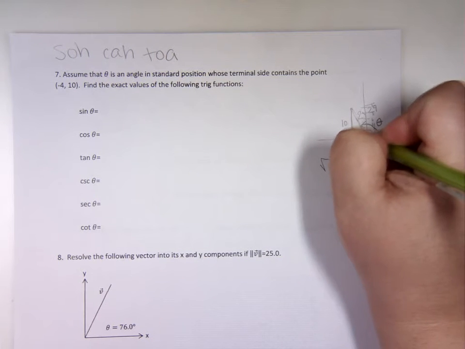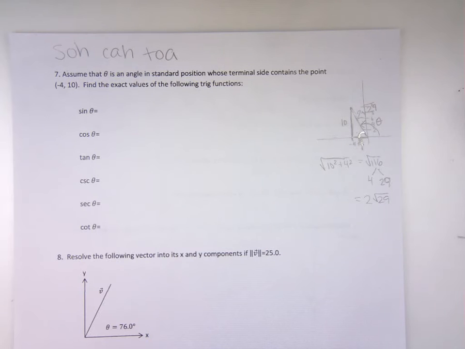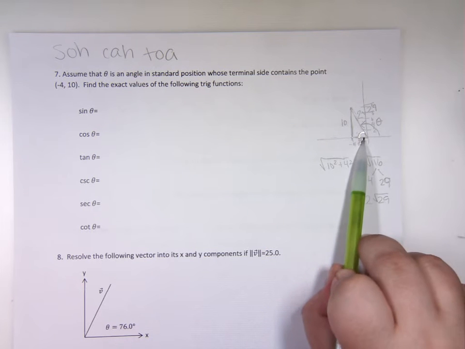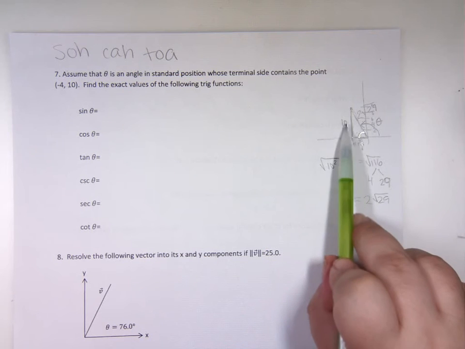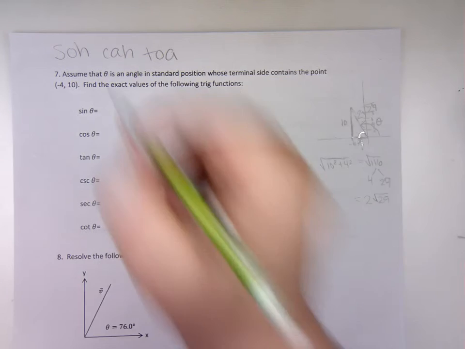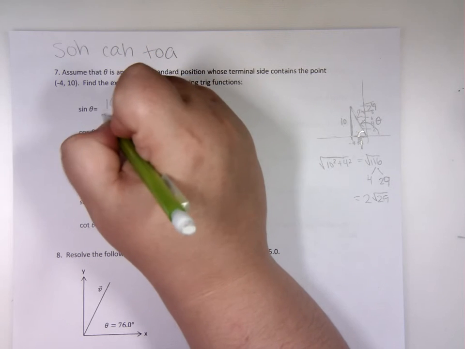So it turns out that if we look at this reference angle, the sine of this reference angle is the same thing as the sine of theta, and the cosine of the reference angle is the same thing as the cosine of theta. So this is nice, and same thing for tan. So all we have to do is just use this reference angle instead. So the sine of theta, opposite over hypotenuse, that's going to be 10 over 2 root 29.